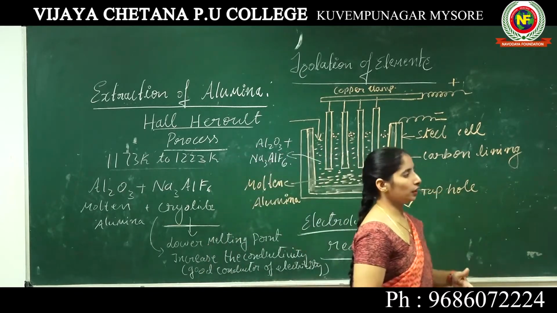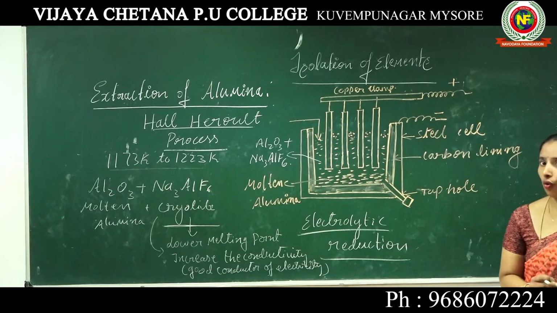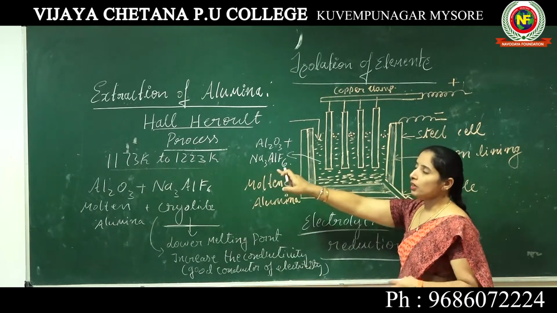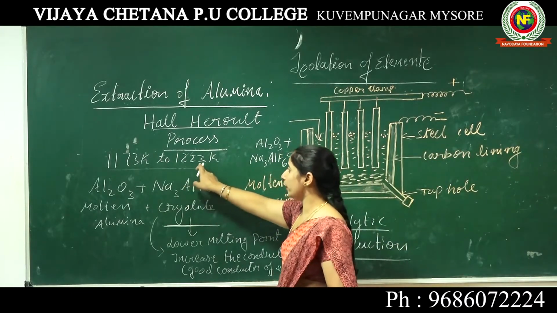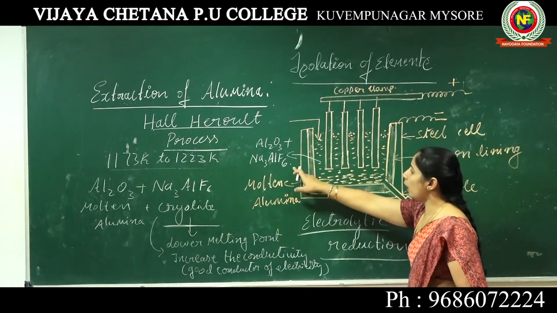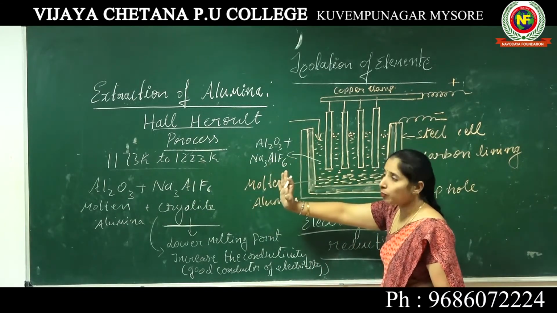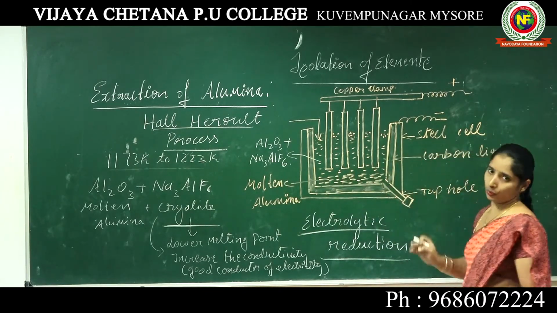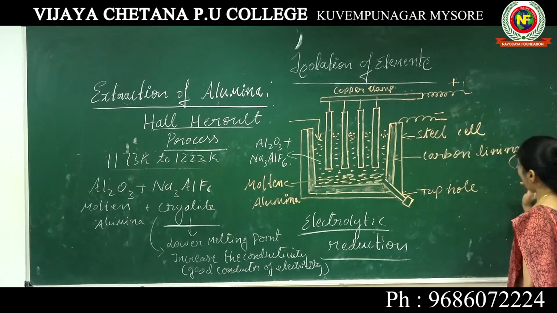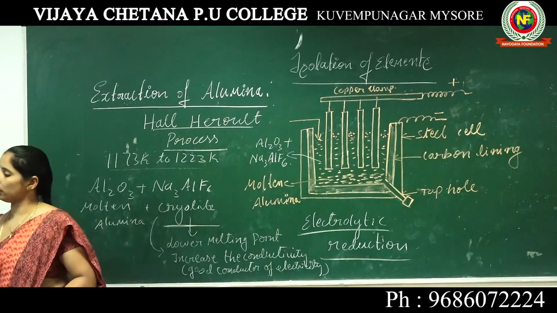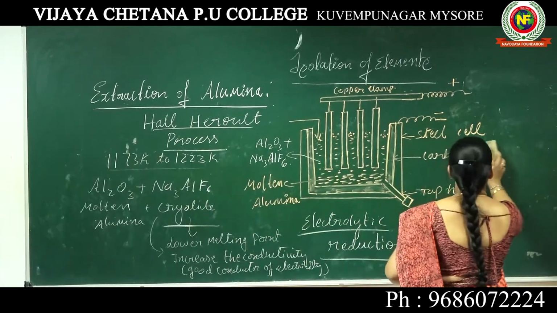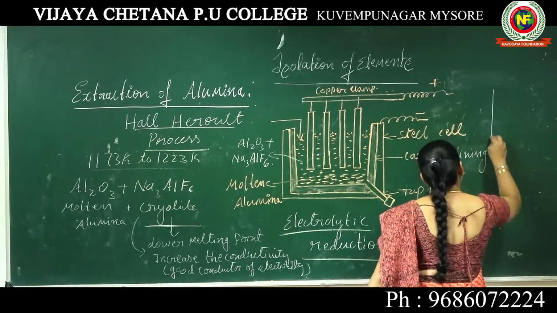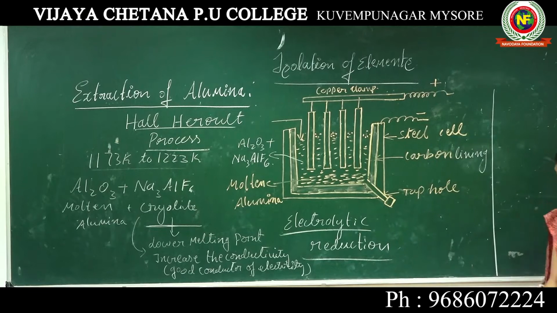So now how does this decompose? The electrolysis is carried out at 1173 Kelvin to 1223 Kelvin. Here the alumina decomposes to form aluminium at the cathode and oxygen at the anode. Now how does the reaction take place?